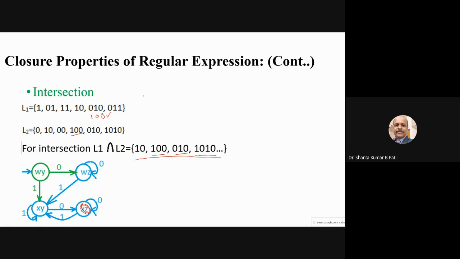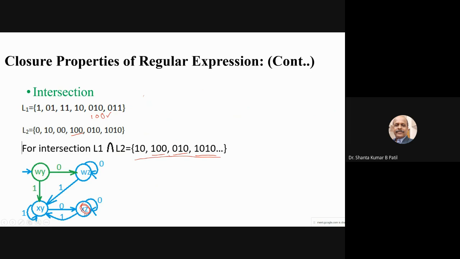That's why I'm marking xz as a double circle or accepting state. 0 1 0 again takes us to xz, which is the final state. So only one state is final in the intersection operation, that is xz.